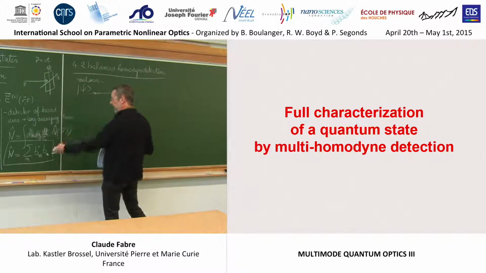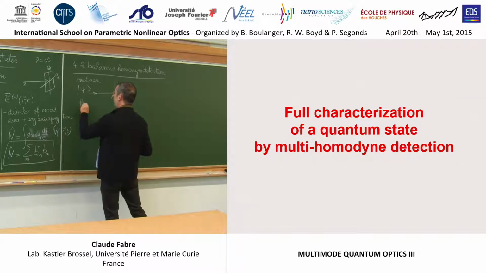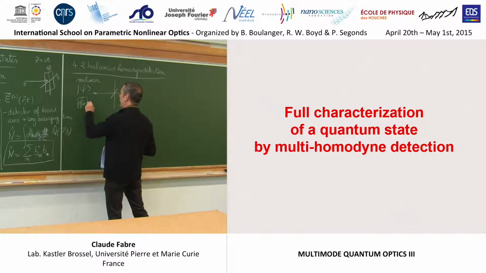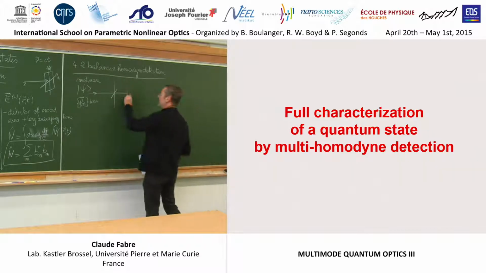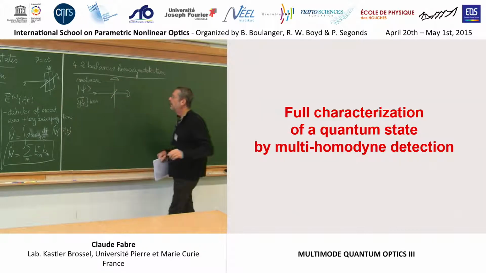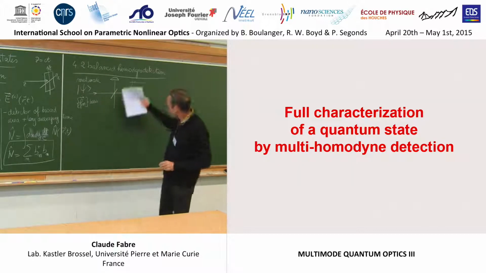I choose one basis, for example, the F m basis of modes to describe it. And then I have a beam splitter, and I have two detectors that do that kind of thing, so that I am able to measure all the field.